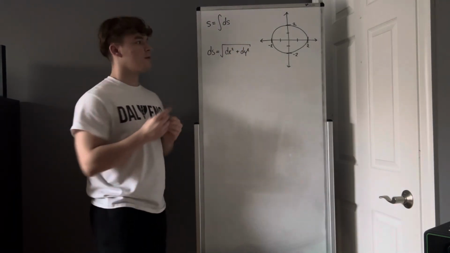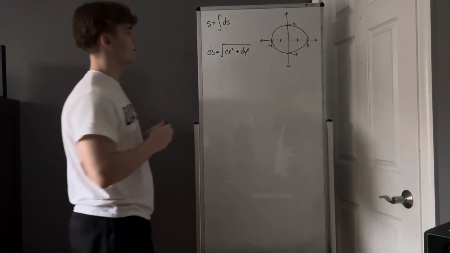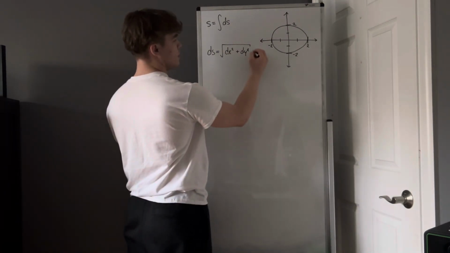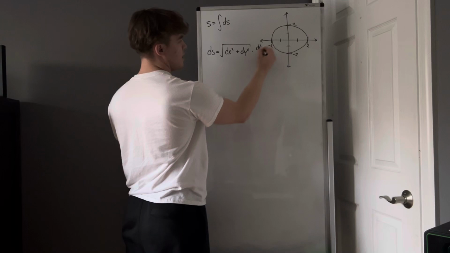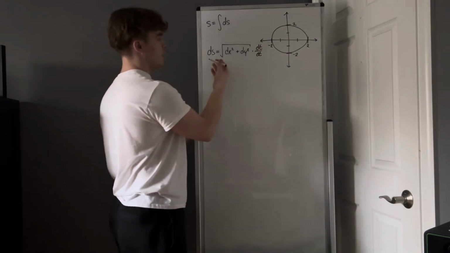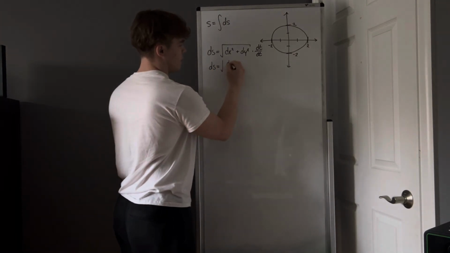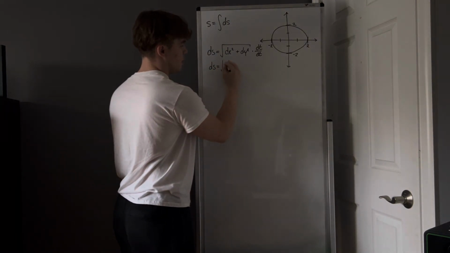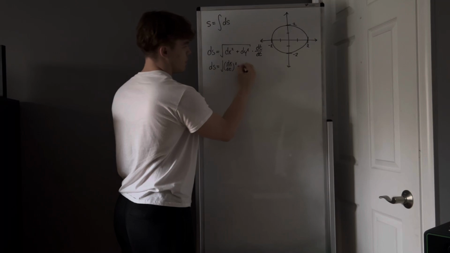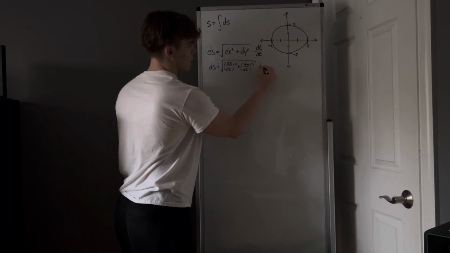But let's do it with parametric equations. Well, all we have to do is multiply this by dt over dt, and bring the dt into the root the same way that we just did. We have root of dx over dt all squared plus dy over dt all squared, dt.